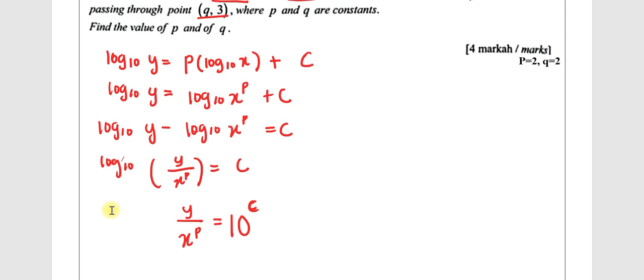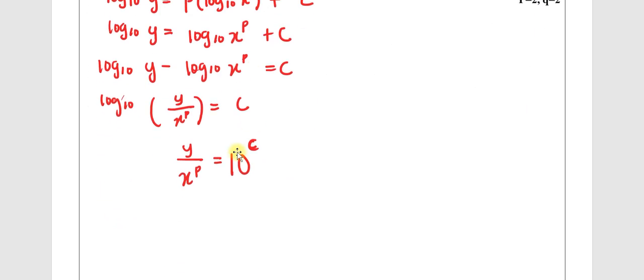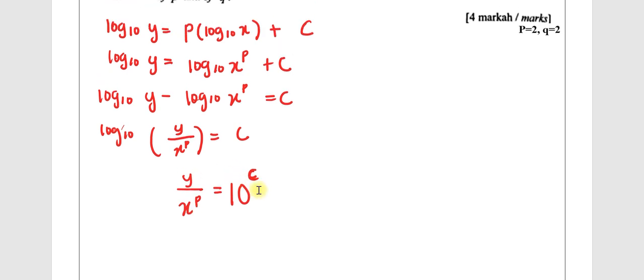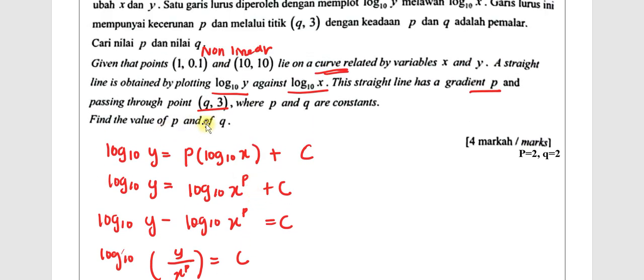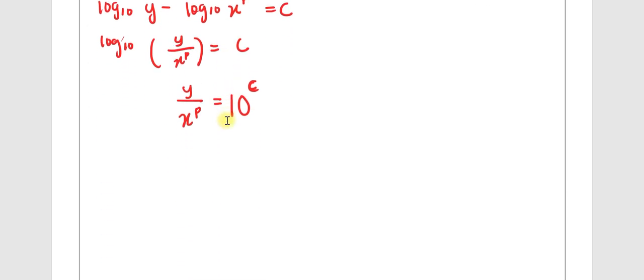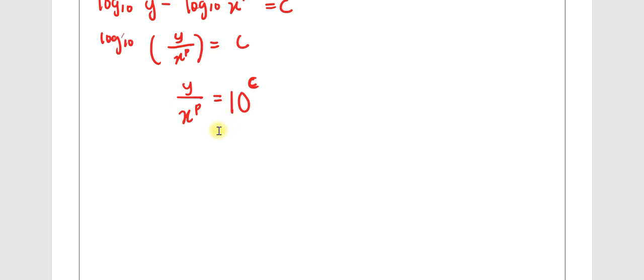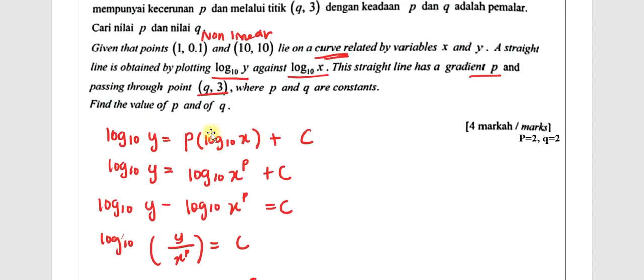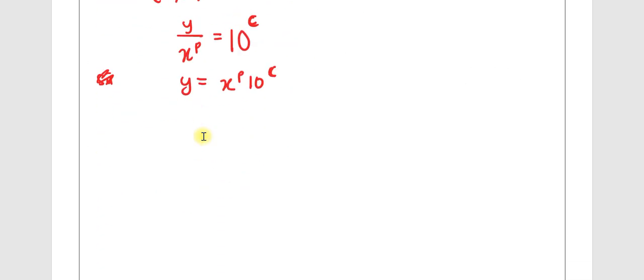Okay, they give 2 points. If I substitute, I will get the value of P and the y-intercept. Q we will need to find later. So, first substitute. We make the equation like this first: y equals x power P, 10 power C. Easier. Now, substitute x and y with 1 and 0.1.